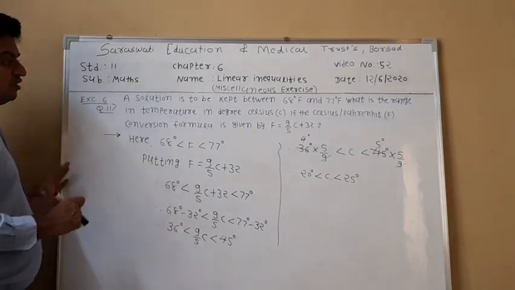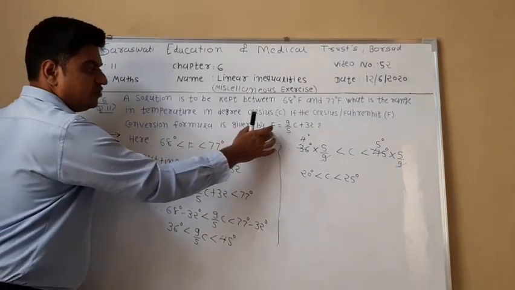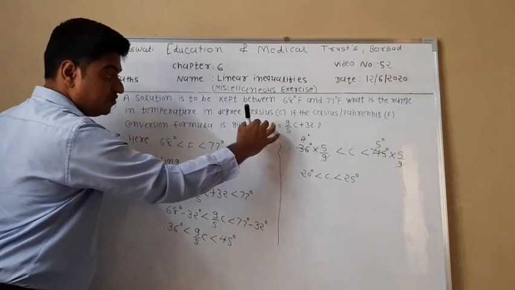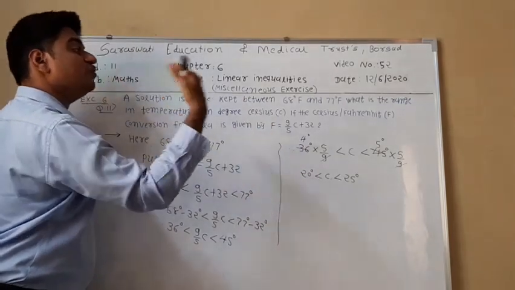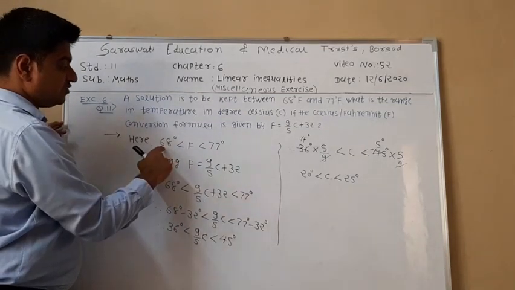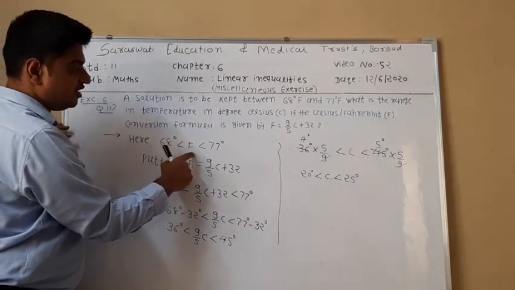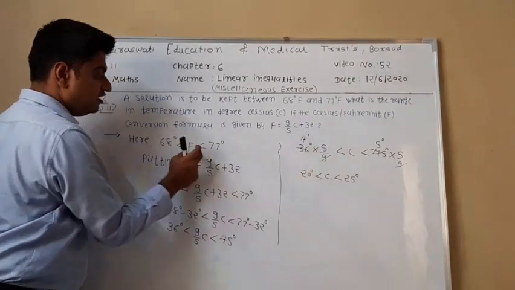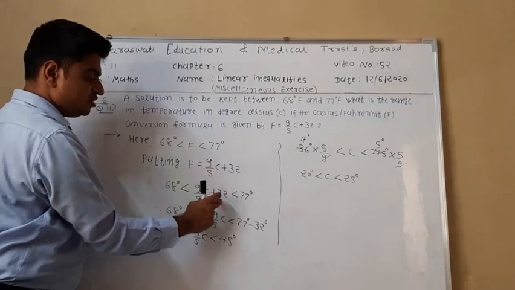So once again, the conversion equation is present in the form of F, that means Fahrenheit form. Now our question is converted into the Celsius form. So here the condition is present 68 degree less than F less than 77 degree. Now the Fahrenheit equation is present, so substitute here.